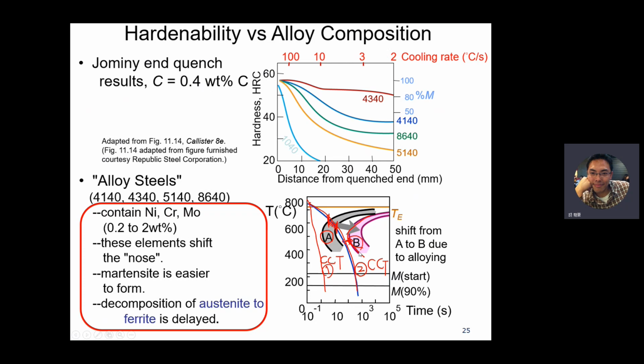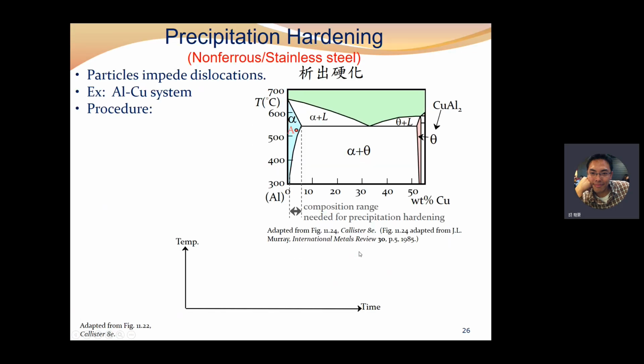So that's one process to harden this kind of steel. And the other process is called precipitate hardening.